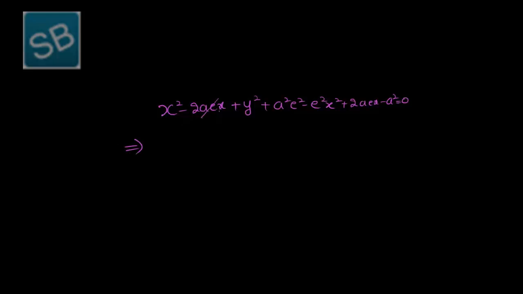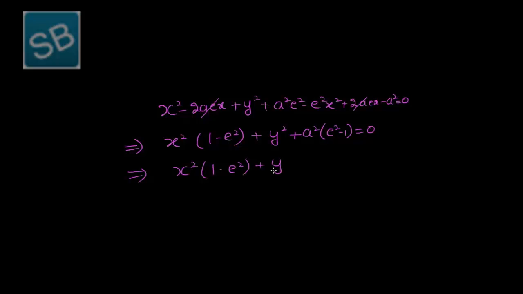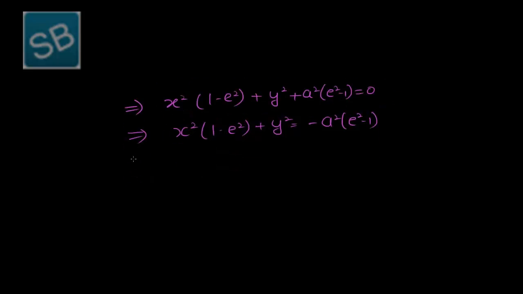That implies 2aex is cancelled out by 2aex, and we take x square common and get x square times (1 minus e square) plus y square plus a square times (e square minus 1) is equal to 0.